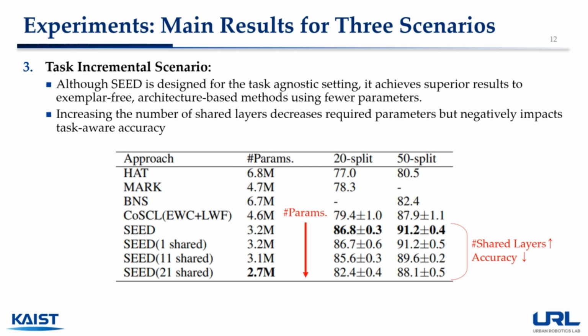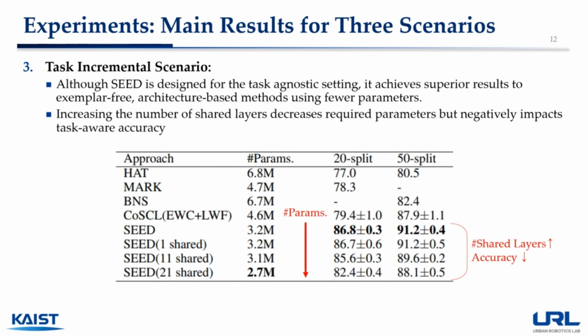Lastly, in the task incremental scenario, the task ID is known during inference and tasks are equally split in terms of classes. Despite being designed for exemplar-free class incremental learning, SEED achieves superior performance even in task incremental settings with limited parameters. A decrease in the number of parameters means an increase in the number of shared layers.